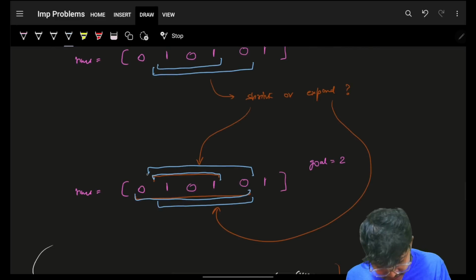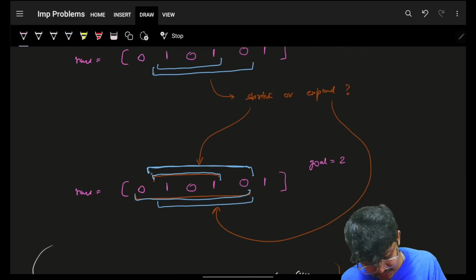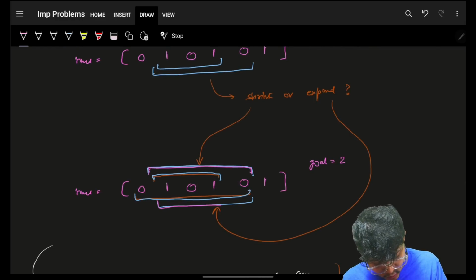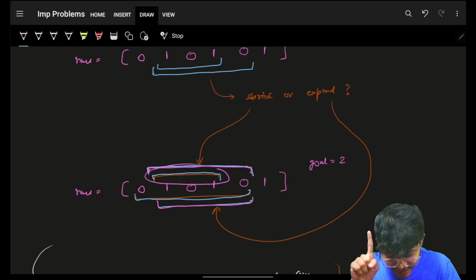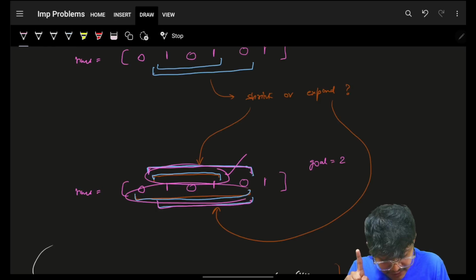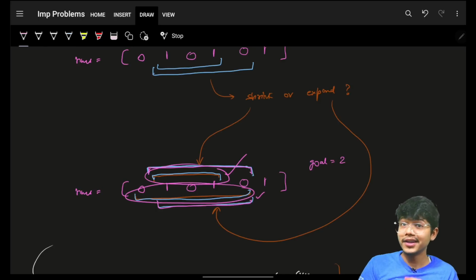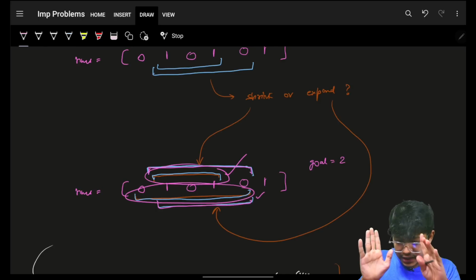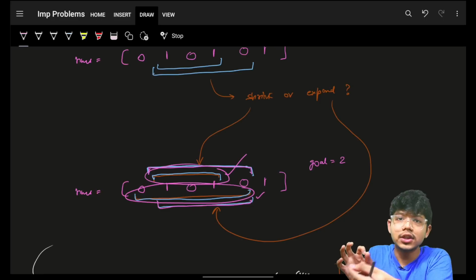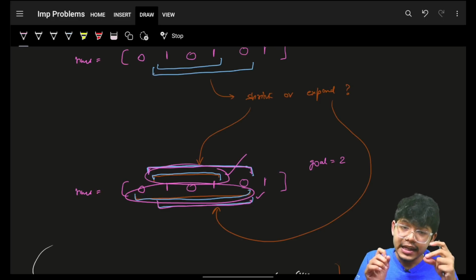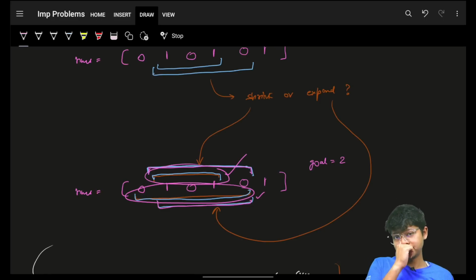So you saw that this one, the pink one which I highlighted, is covering. If you shrink first, you will get the top one. If you expand first, you will get the bottom one. Either you shrink first or you expand first, one thing you will miss.